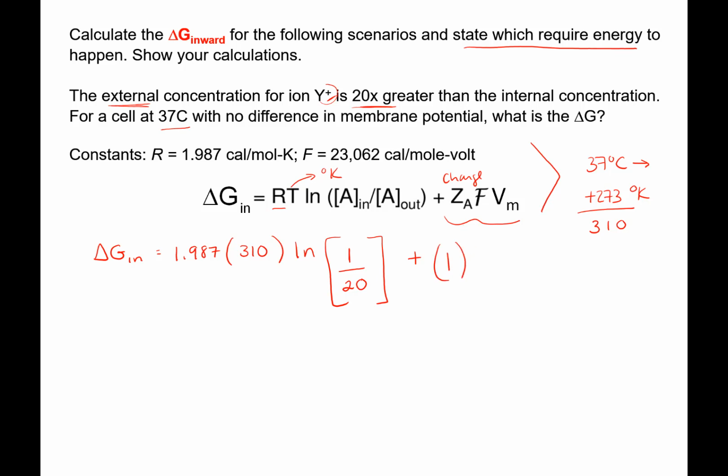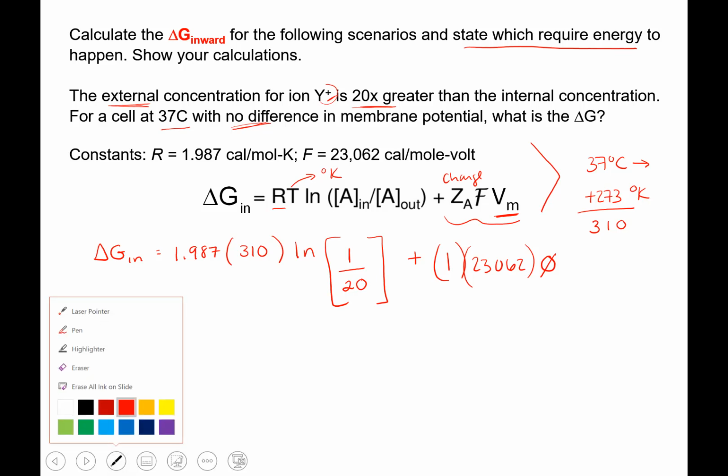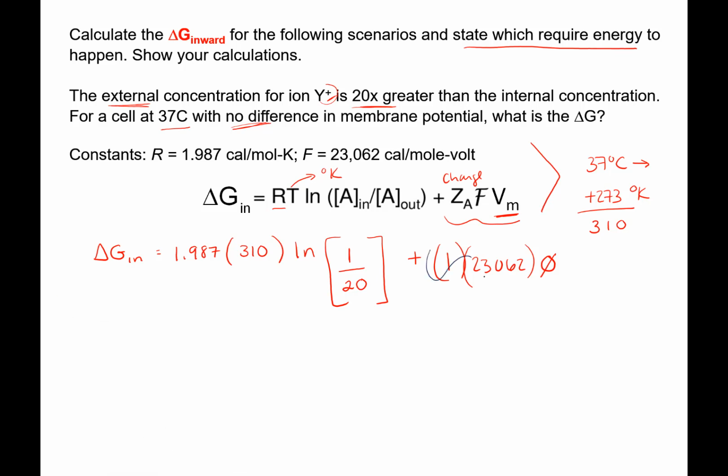The Faraday constant is 23.062. And the membrane potential, they say here, is no difference, so it's 0. So in fact, for this problem, we don't have to worry about this part because it would equal 0, 0 times anything.